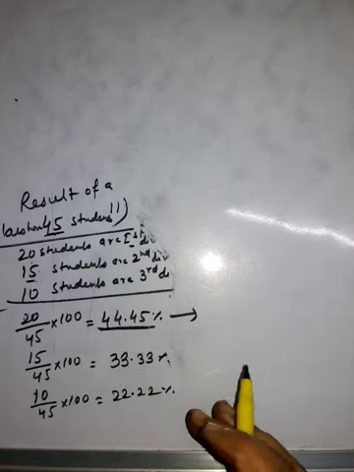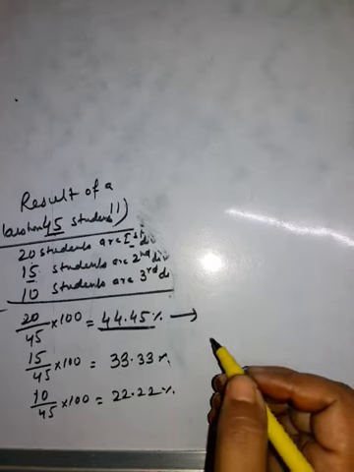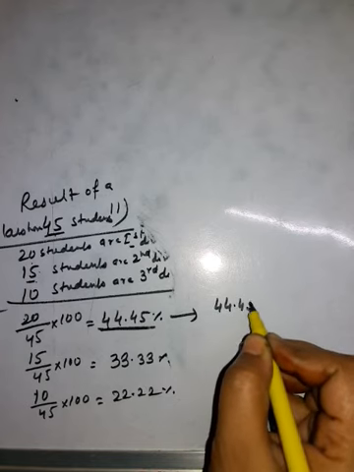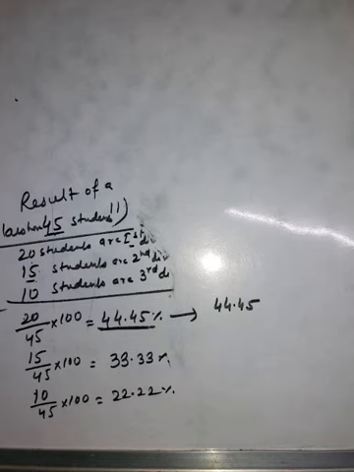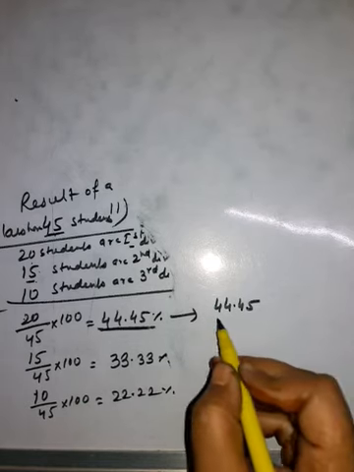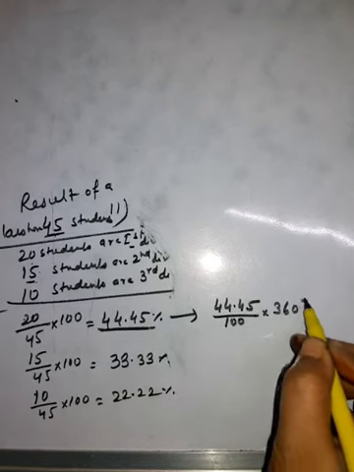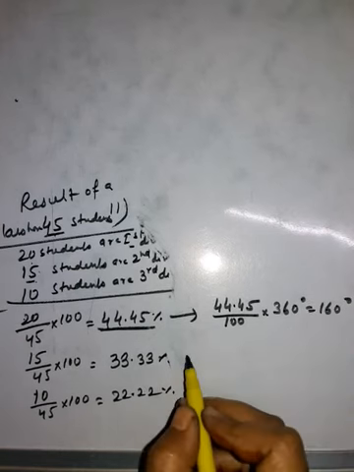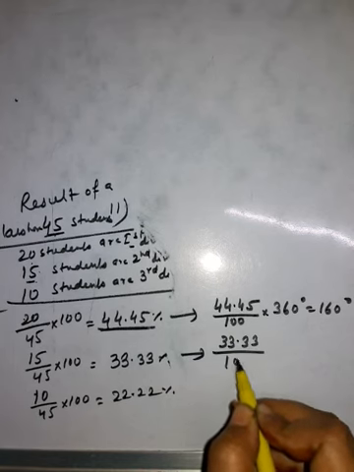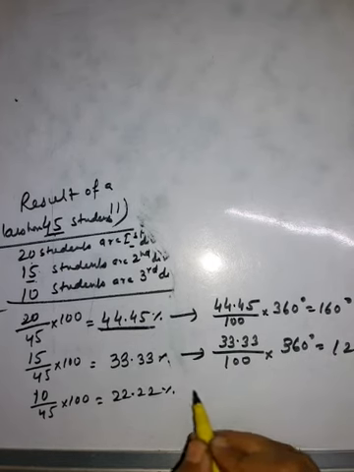So 44.45 by 100 multiplied by 360 degrees gives 160 degrees. Likewise, 33.33 by 100 multiplied by 360 degrees gives 120 degrees.